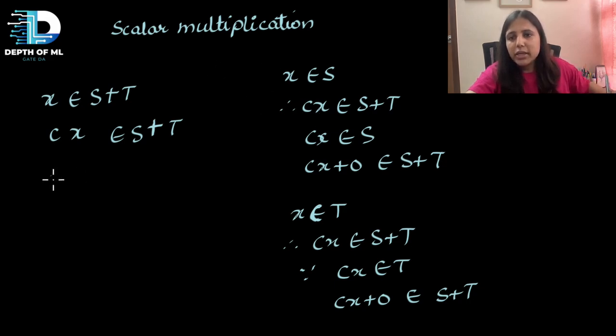Or it can be that x belongs to S plus T only. It's not coming from S, it's not coming from T, it's actually a vector that is coming from the addition of both.